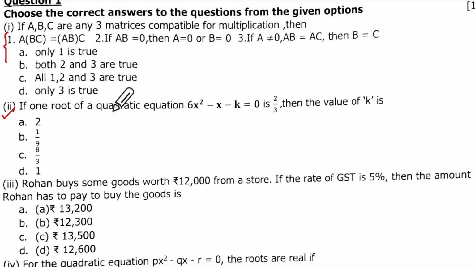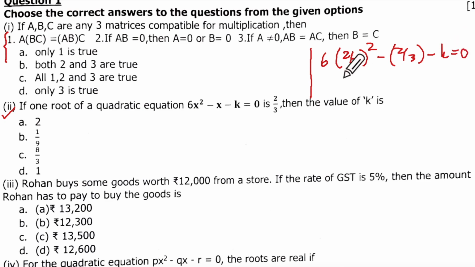Now look at your second one. This one was not so bad. The root of the equation 6x squared minus x minus k equal to 0 is 2 upon 3, then find the value of k. What is the method? Everybody knows. What is the method? Tell me. We substitute x equal to 2 upon 3, very good. So 6 into 2 upon 3 whole square minus 2 upon 3 minus k equal to 0. You can find this out and get the value of k.